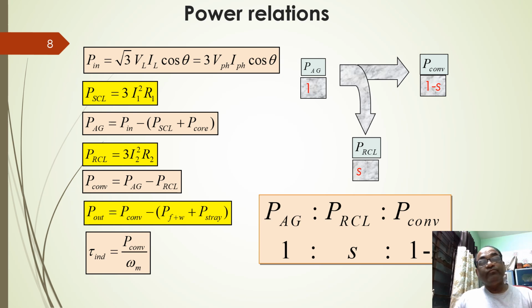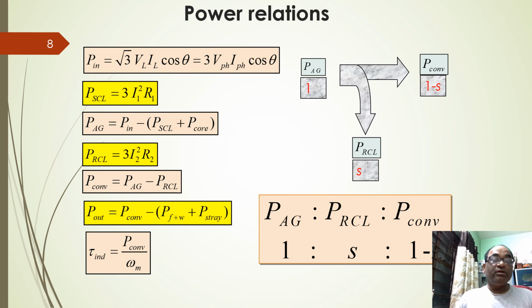Now, power available to the shaft of the motor is equal to P AG minus P RCL, and output power is equal to the power available to the shaft minus the friction and windage losses plus stray losses. So this is the complete calculation of the power in the case of the three-phase induction motor.